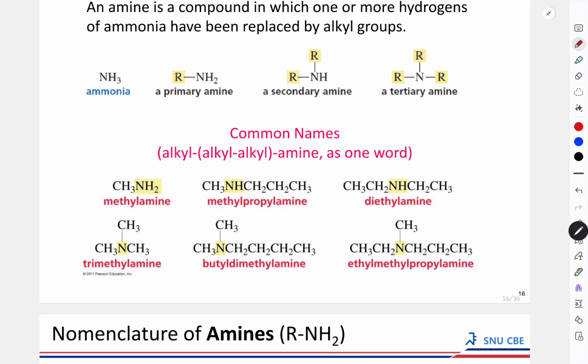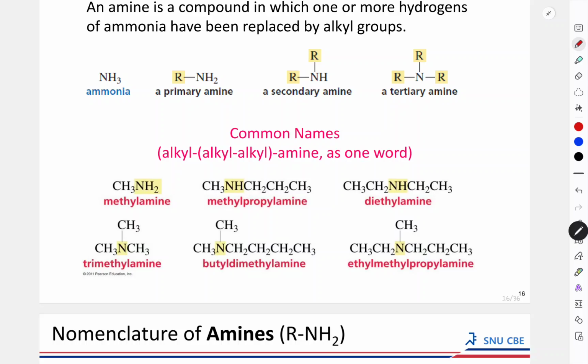The number can appear before the name of the parent hydrocarbon or before amine. For example, you have butanamine with the number 1 carbon attached to NH2, and you can specify that number in front of the parent carbon or before amine, as you did for alcohol. So these are equally fine: 1-butanamine or butan-1-amine.